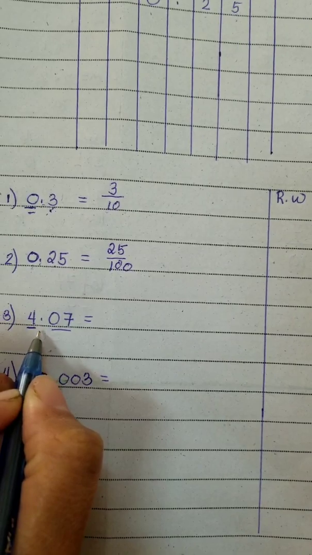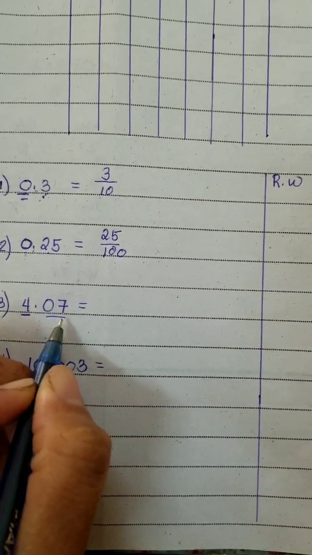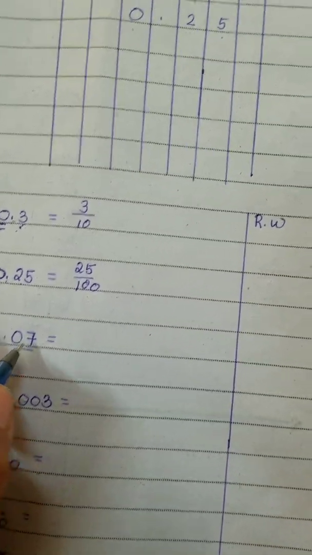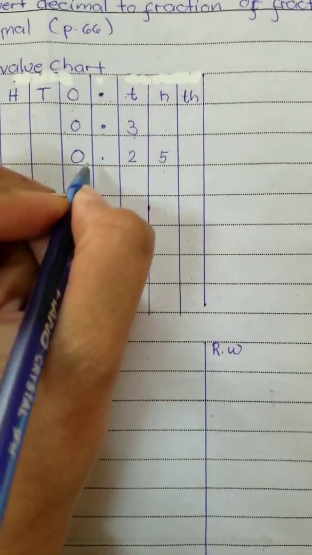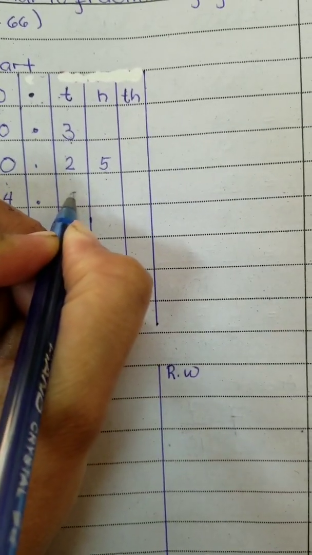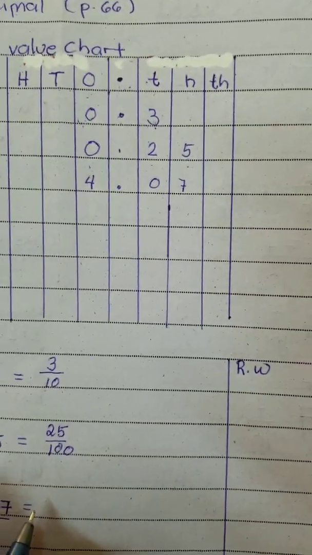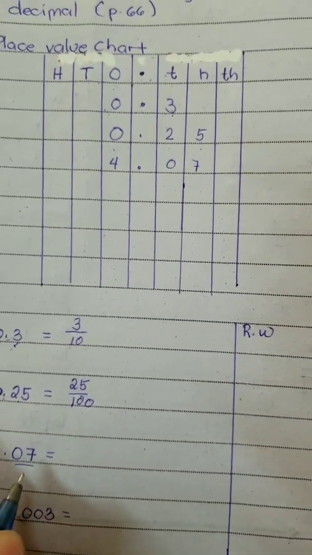If I'm going to read this properly, this will be now 4 and 7 hundredths. Now, let me place that again in the place value chart. So we have here 4 and 7 hundredths. So how will I write this one into a fraction?